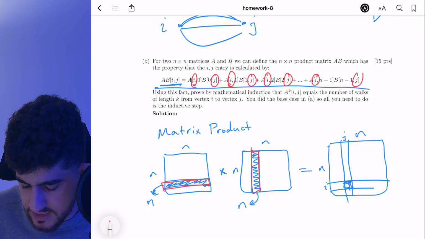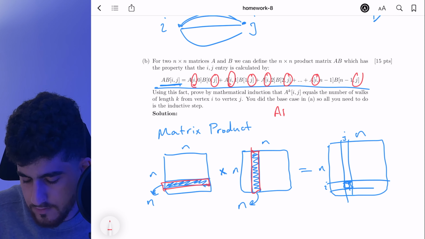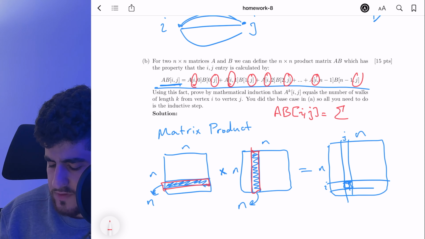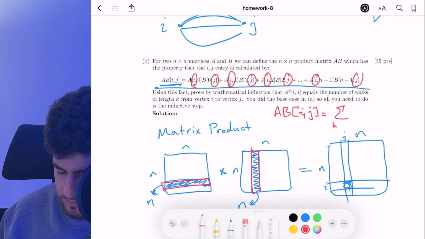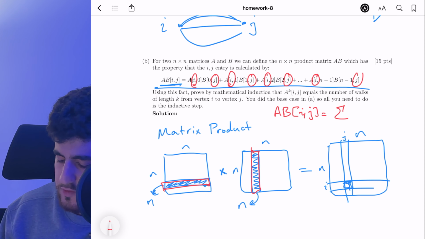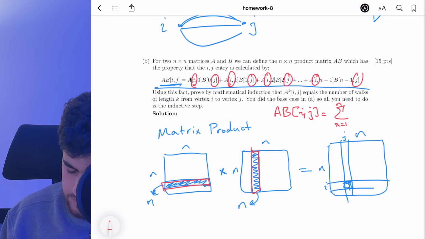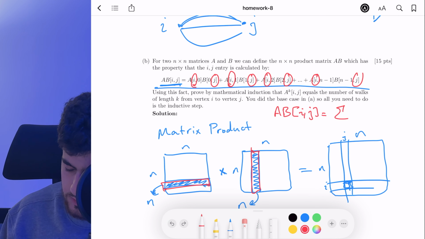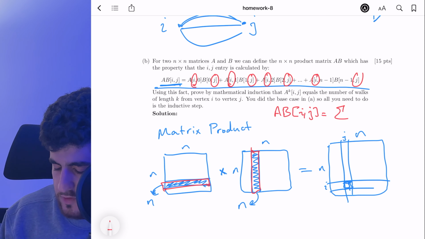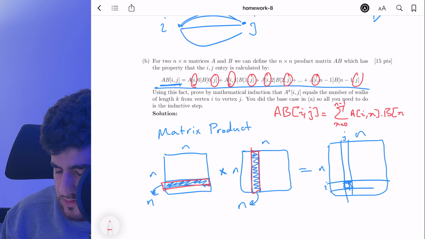So it's like you're saying that AB of i and j is equal to sigma, for example x equal to 0 to n minus 1, of A of i and x times B of x and j.